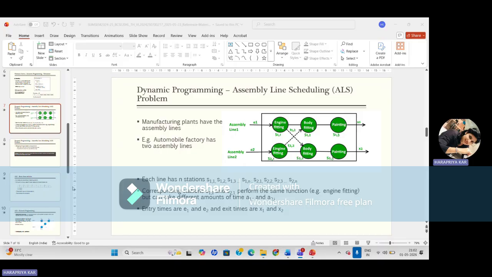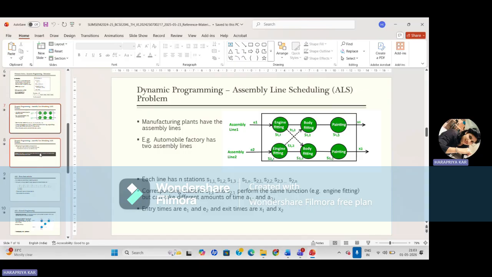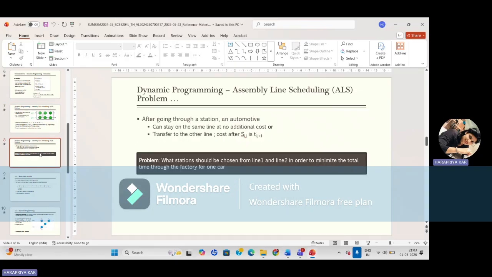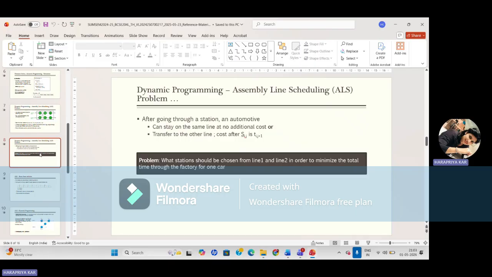In this slide you can see the manufacturing plants with assembly lines. We already understood there are two lines, and we work over stations S1, S2, S3 up to Sn.